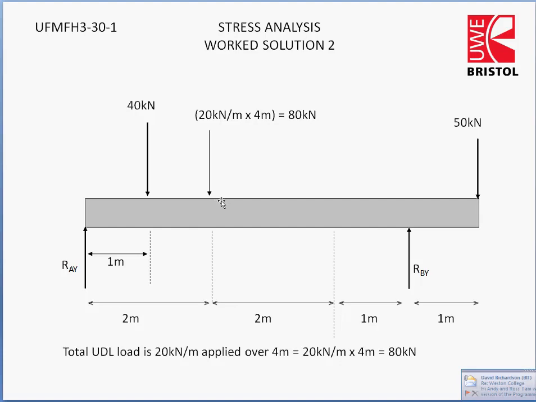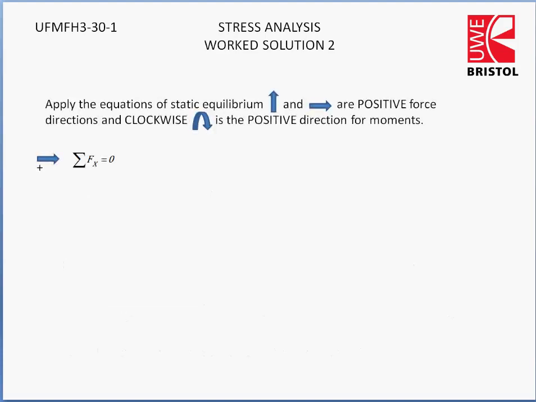So 20 times 4 equals 80. So that's now going to be our point load. Now we've just got really the same sort of problem that we had for work solution 1.